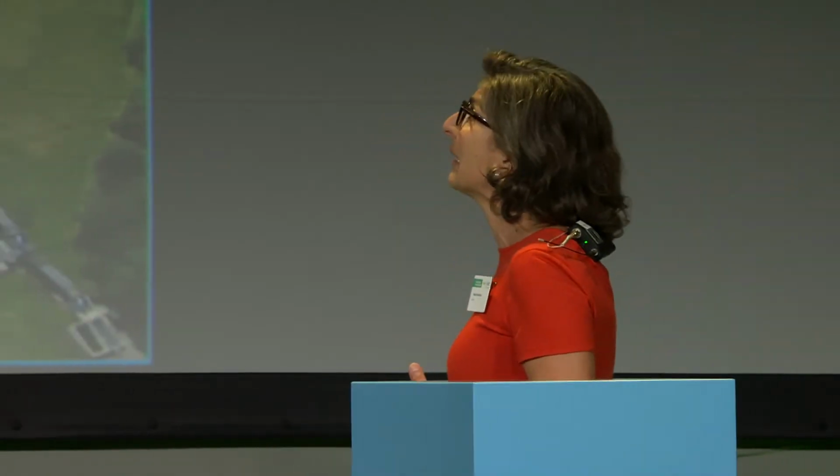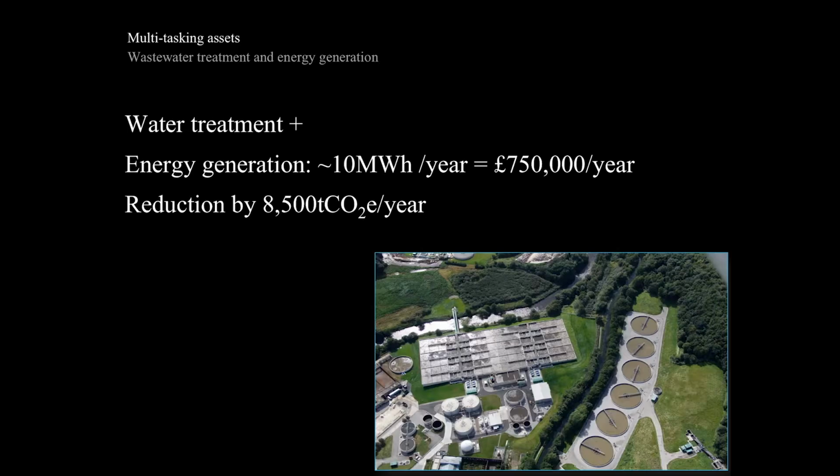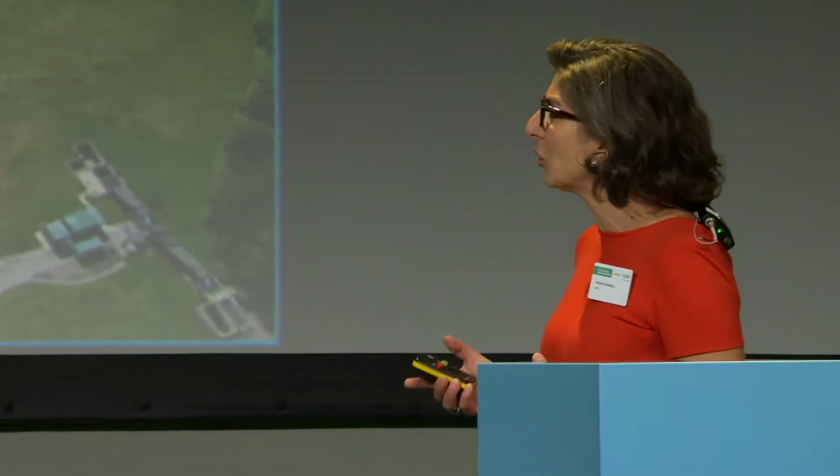What would that look like? I do start with a UK example. This is an example of a multitasking infrastructure asset. It is a water treatment works up in Yorkshire, so it treats wastewater, but in doing so, it also generates energy from the flow of the effluent it's trying to treat.